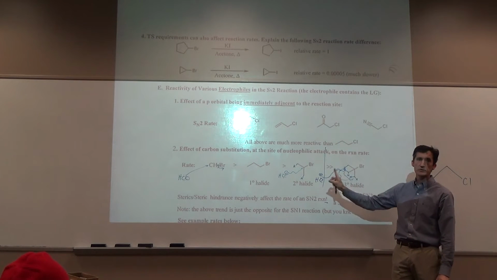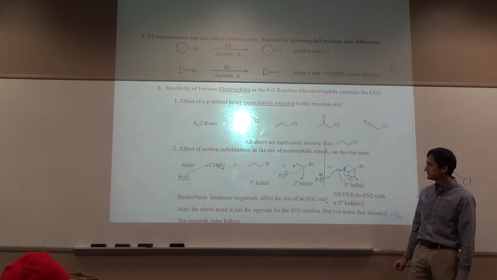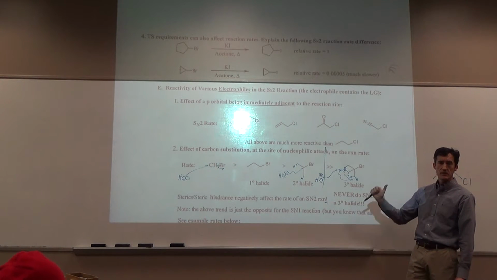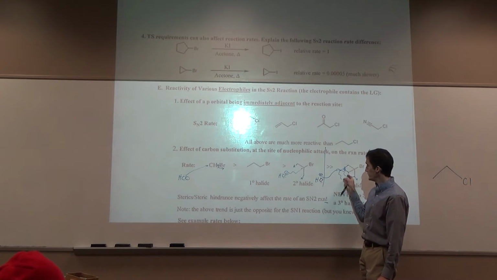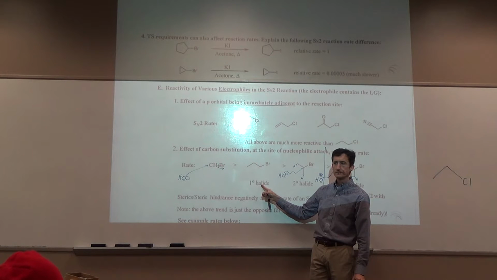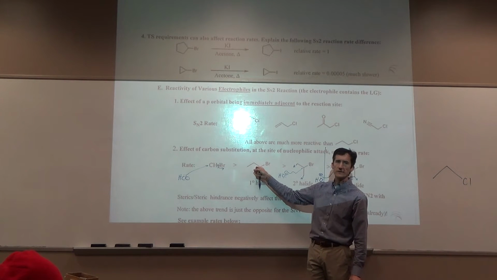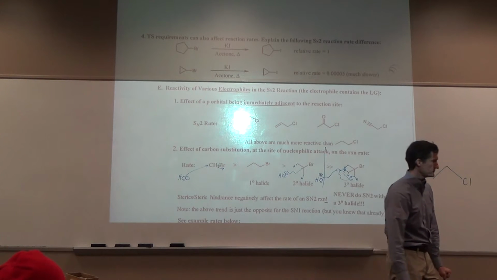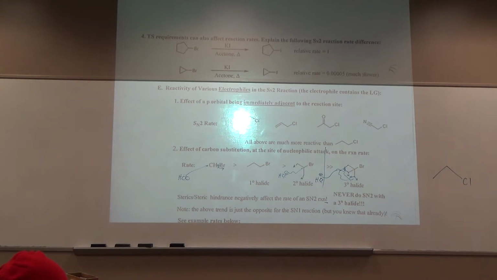Yes. The trend is just the opposite for SN1. In fact, when we get over to SN1, we'll say only these for SN1. Don't we say you don't want to make a primary carbocation? You don't want to do SN1 with that. And you certainly would not do SN1 with that. The trend is just the opposite.